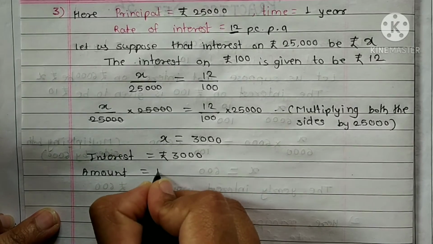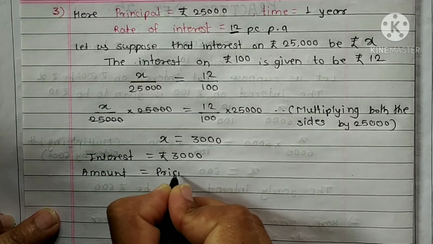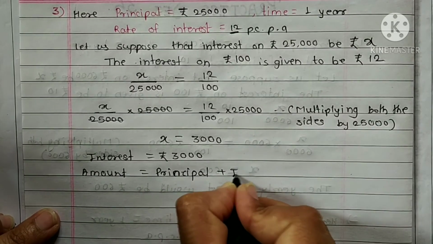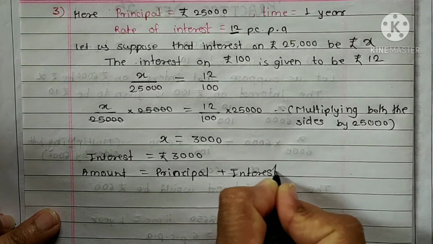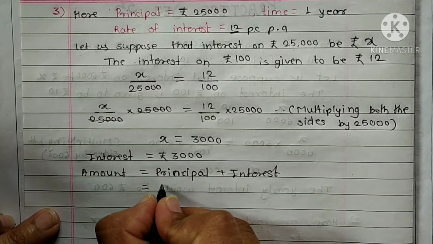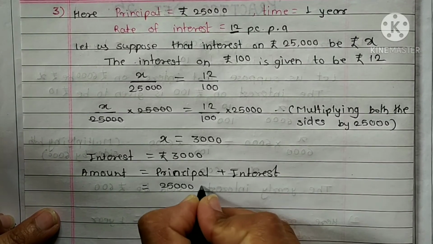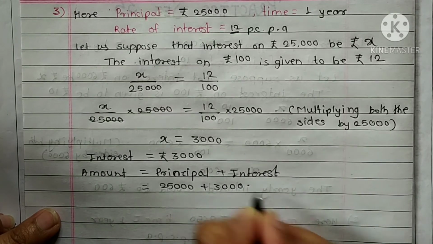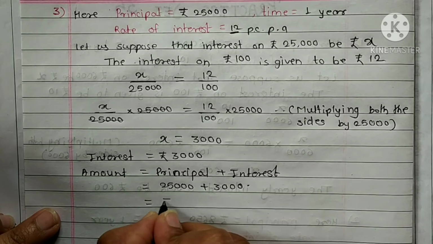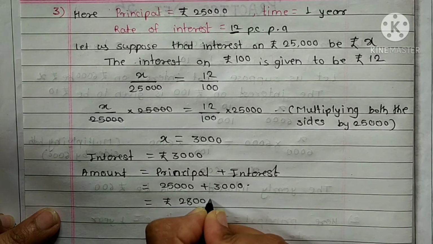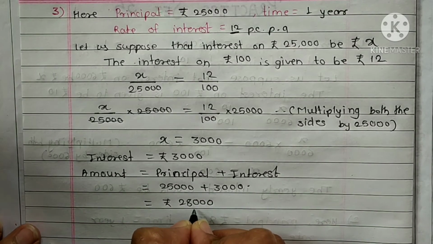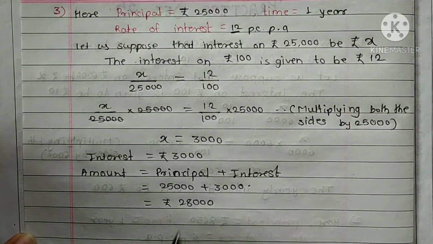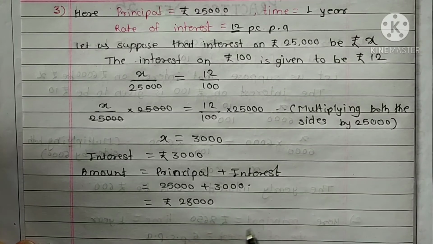Amount equal to principal plus interest. Principal is 25,000 plus interest is 3,000. So after addition you get rupees 28,000. Amount is 28,000. That means Ahmad Chacha will have to return rupees 28,000 to the bank.